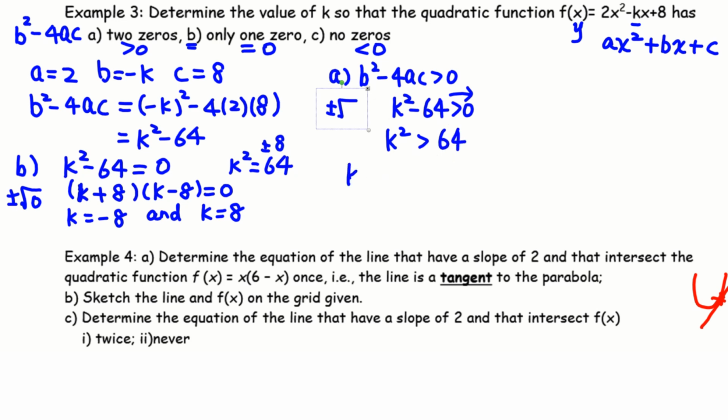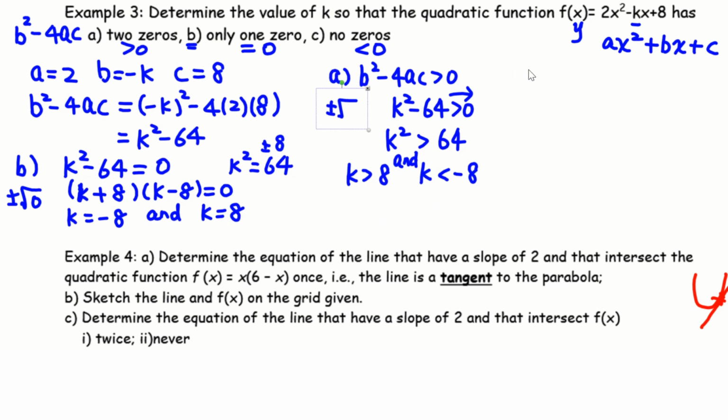We know k equals 8 gives 64. If k is greater than 8, then the square will be greater than 64. And if k is less than negative 8, like negative 9, negative 10, it will be greater than 64. So is k greater than 8 or less than negative 8?